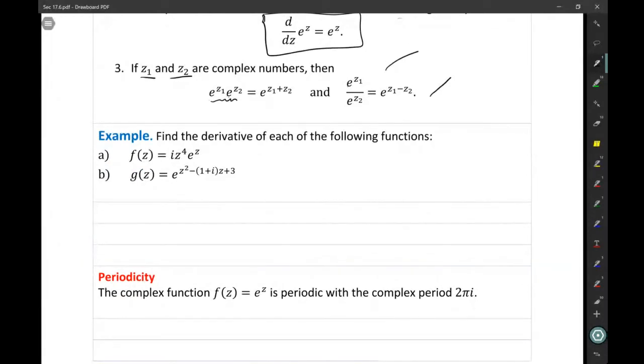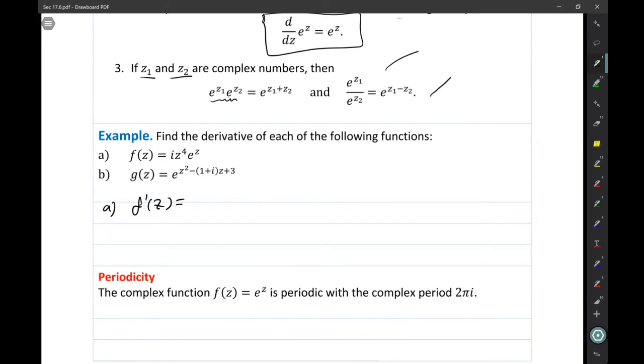Now let us proceed to find the derivatives. Will you find the derivatives for the following functions? F prime of z here. Here I have the function i z to the power 4 times e to the power z.